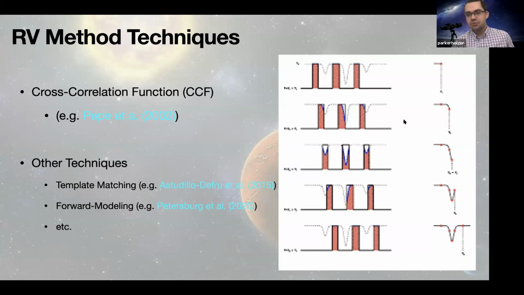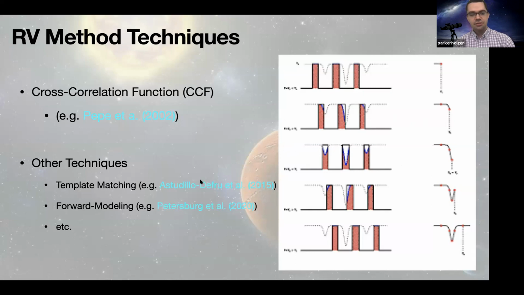There are, of course, ways to generalize this so that your mask is maybe not just boxcars, but more general shapes, or you add more weight to certain absorption features that you trust more than others, but they all focus on this same idea.